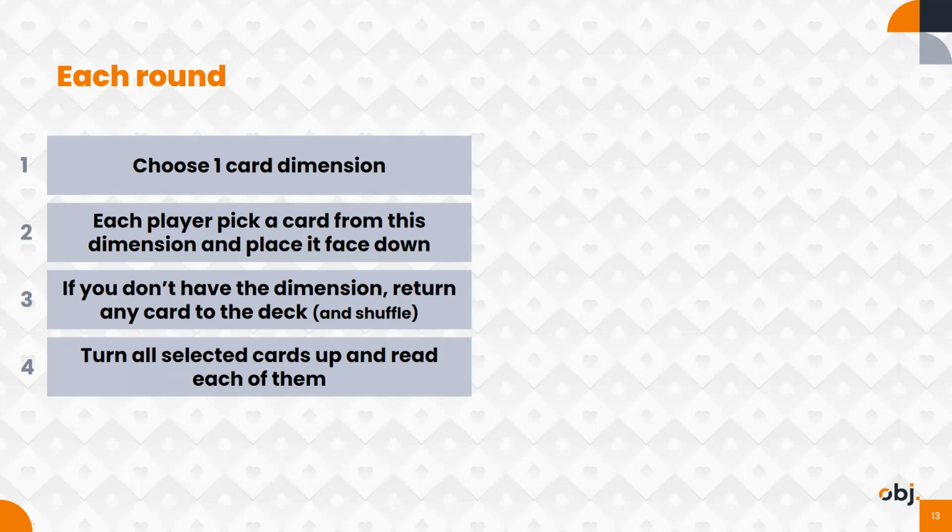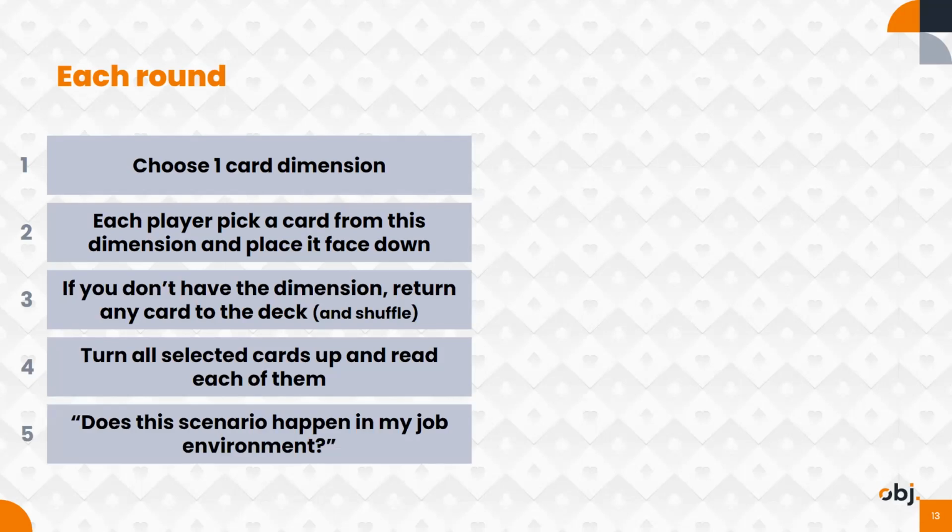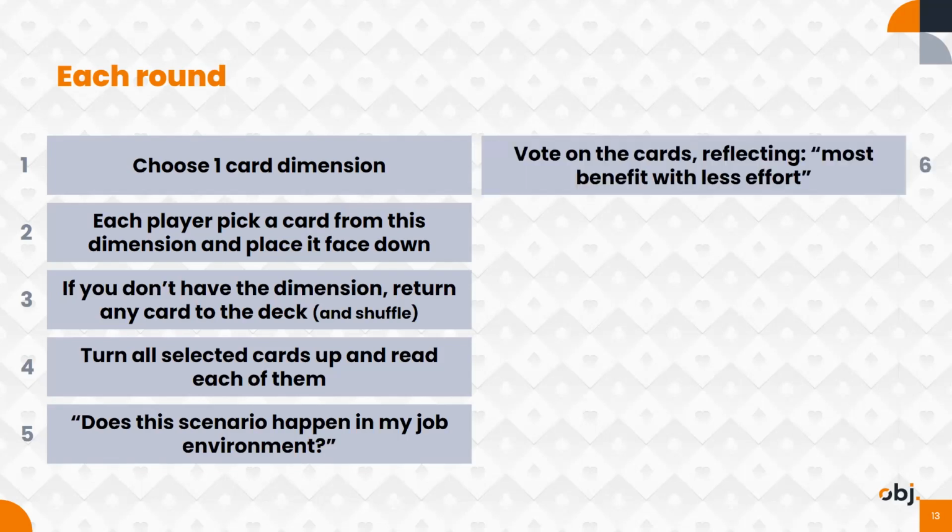So we will read all the problems on the cards, and we have the question: does this scenario happen in my job environment? They vote on the card reflecting the most benefit with the least effort. So the idea is, when you have the selected cards with the real problems in your company, they need to vote on which problem should be solved first.